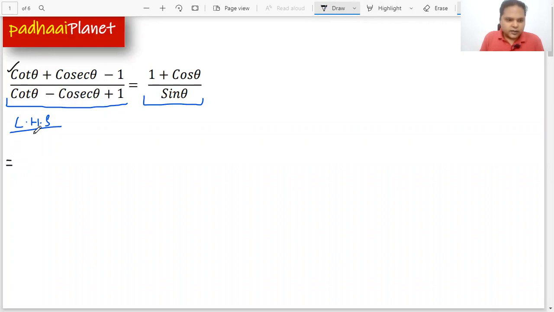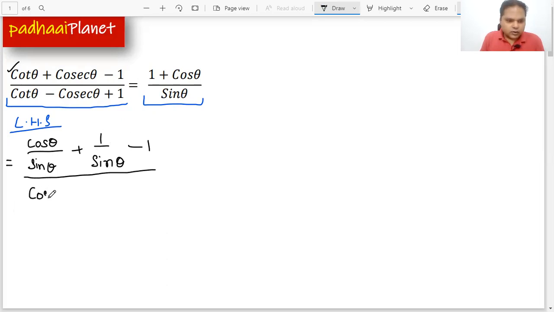Okay, so we will write it like this: cos theta over sine theta plus 1 over sine theta minus 1, the whole thing divided by, again, cos theta over sine theta minus 1 over sine theta plus 1.